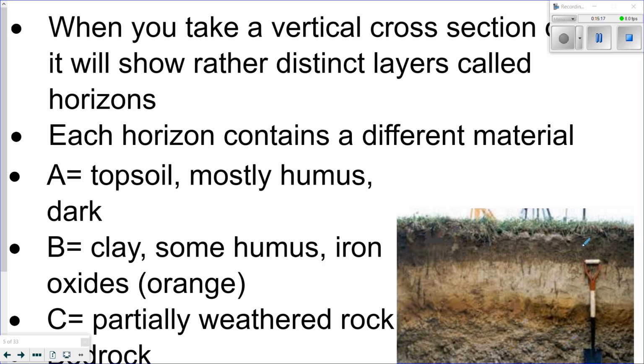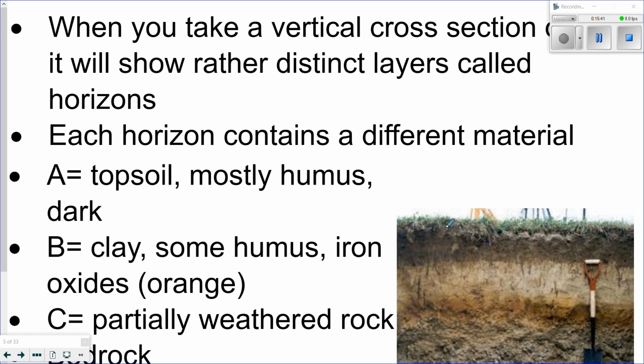Each one of these different layers that we can pinpoint, we refer to as a horizon. And each horizon contains a different material. And this is based off of how far under the ground it is, whether living things live in that area, and stuff like that.